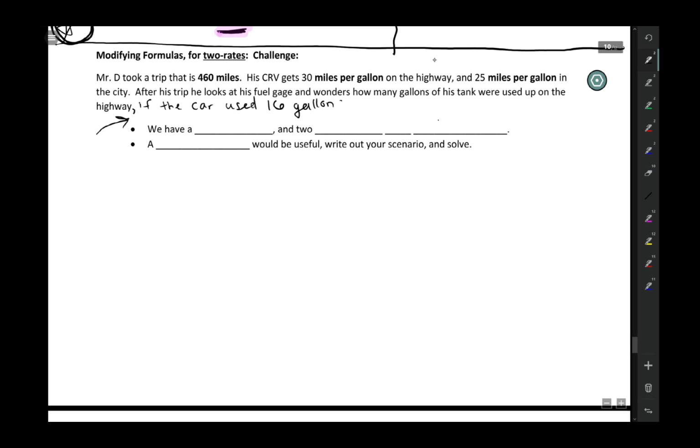To know that you did this, you have to have added this in. So we know the car used 16 gallons, and that will get us started.